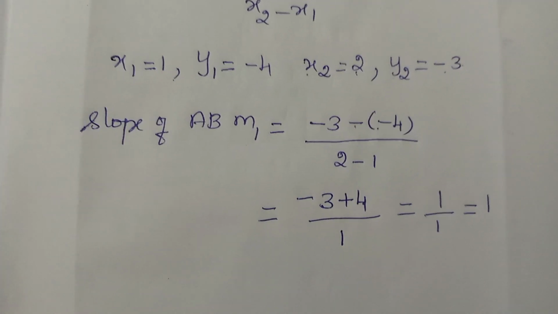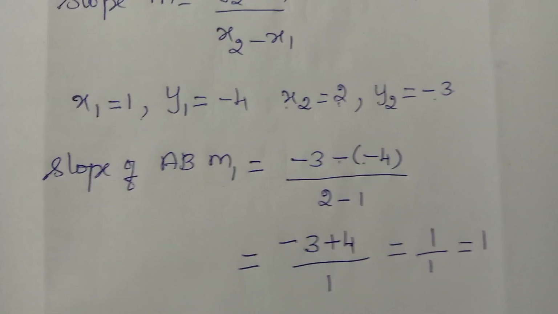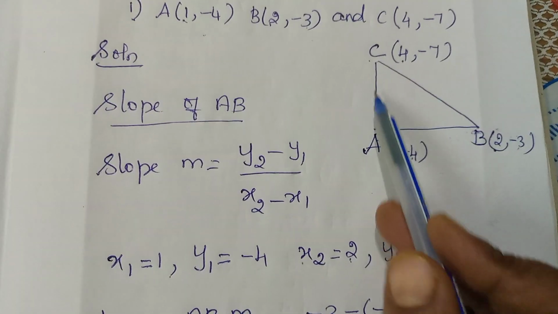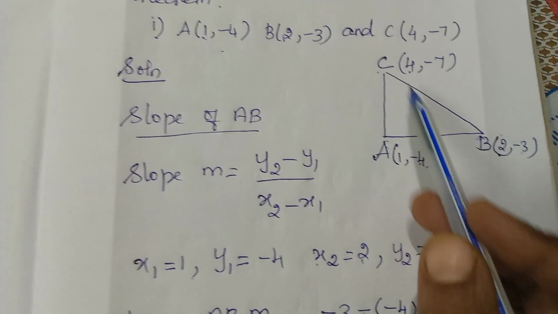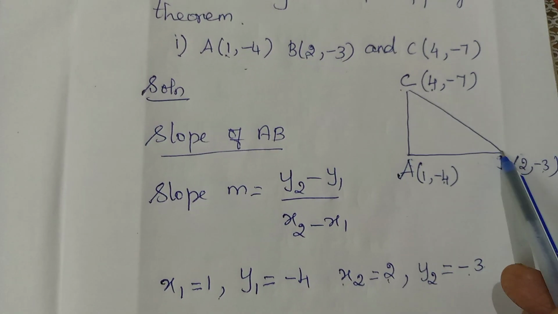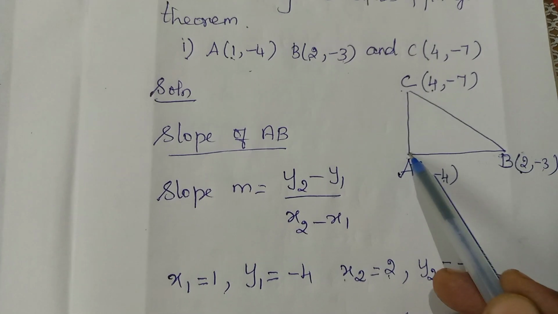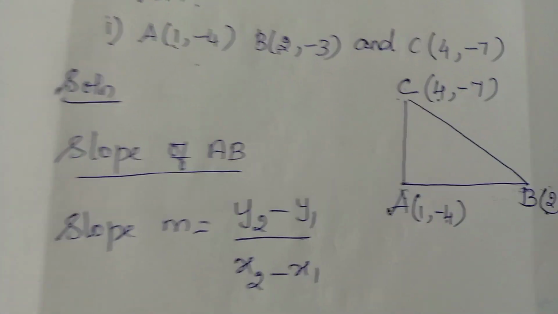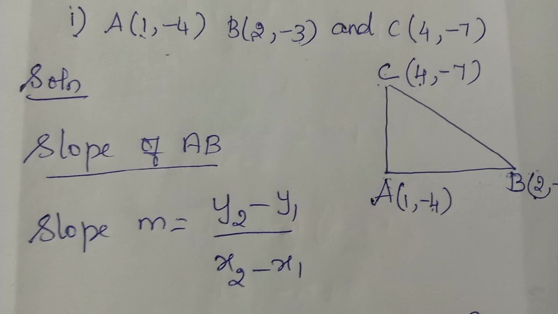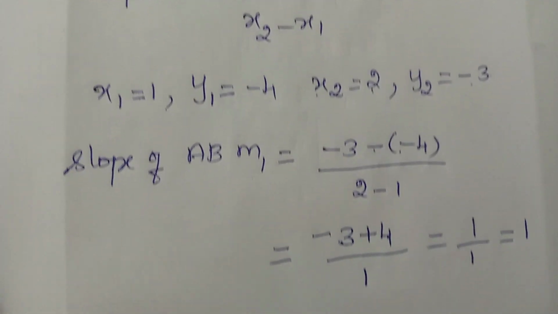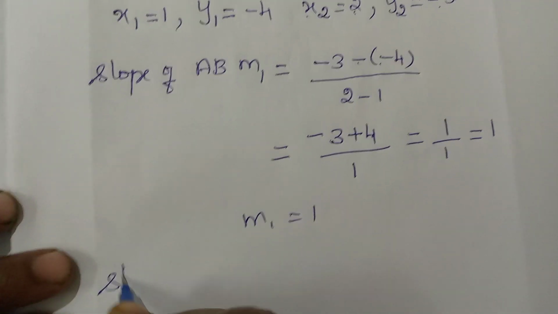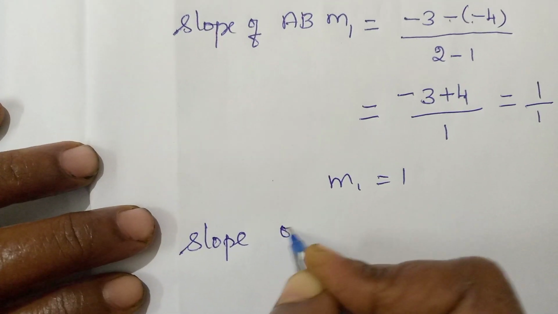Now, next we have to check AB perpendicular to AC, so we have to find the slope of AC. Here m1 is equal to 1. Next is the slope of AC.